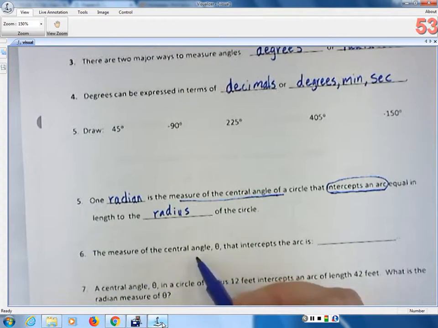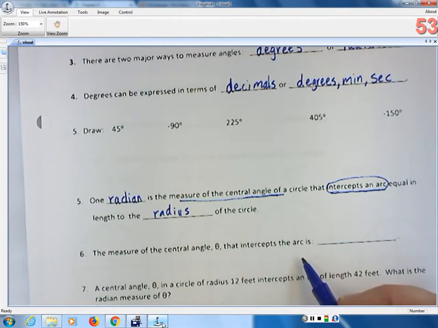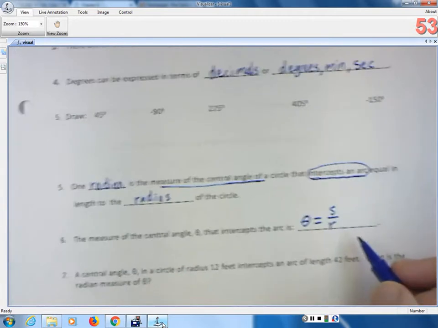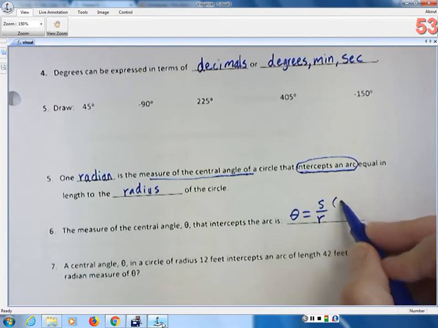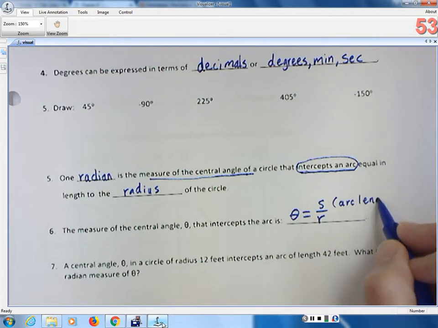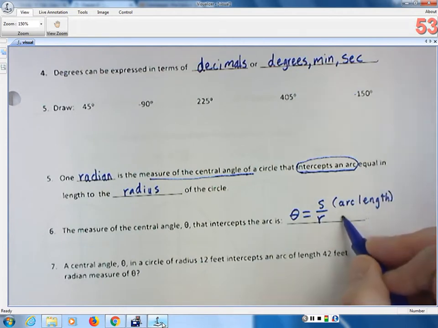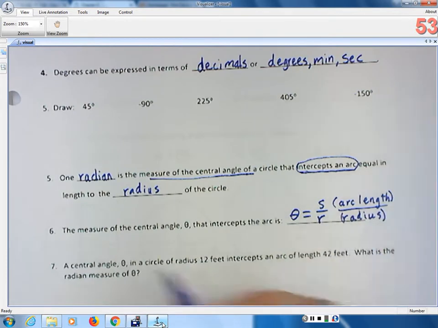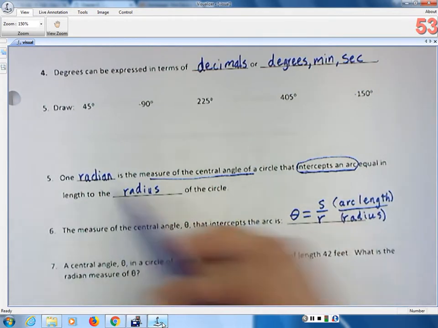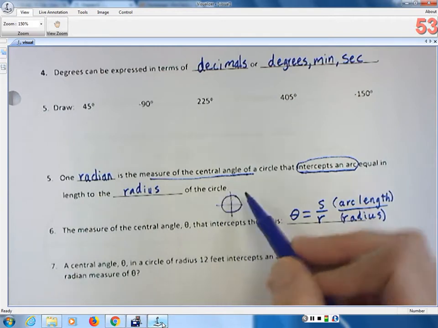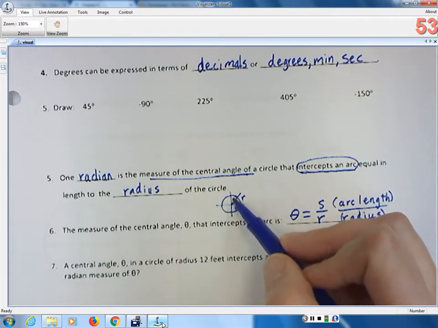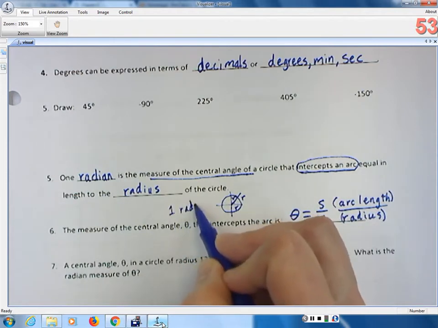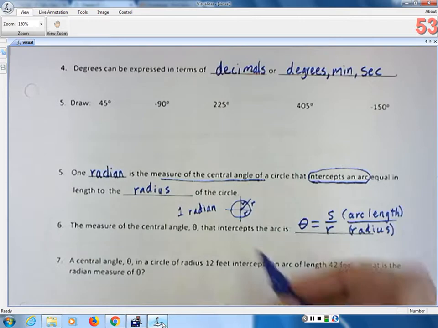And the measure of the central angle, theta, that intercepts the arc is theta equals S divided by R. And that's the arc length divided by the radius. Okay, and this was the picture. We've got a circle, R, R, R, 1 radian. Theta.